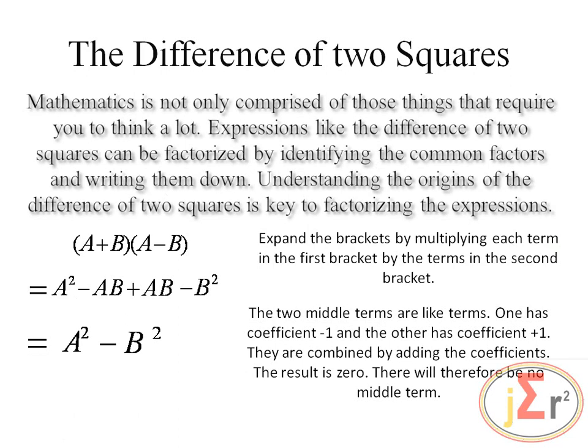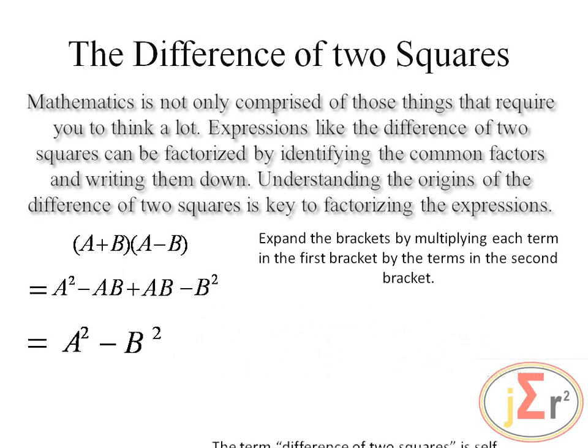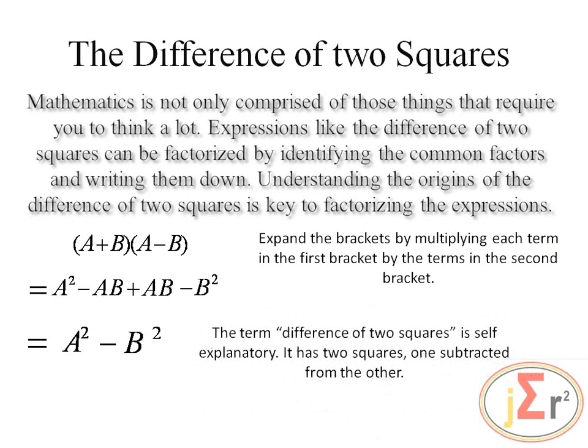They are what we call additive inverses. Therefore we end up with a squared minus b squared, and the term difference of two squares is self-explanatory. It has two squares, one subtracted from the other, and we know that the difference in arithmetic is associated with subtraction.